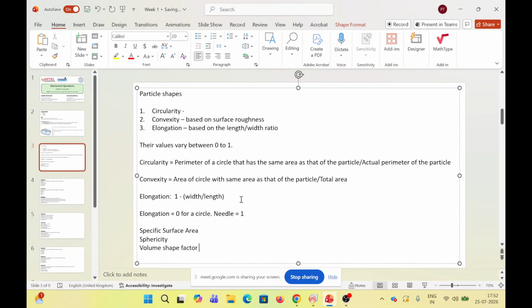These also have similar definitions, in the sense they have some formulas. So we will be discussing these one by one.